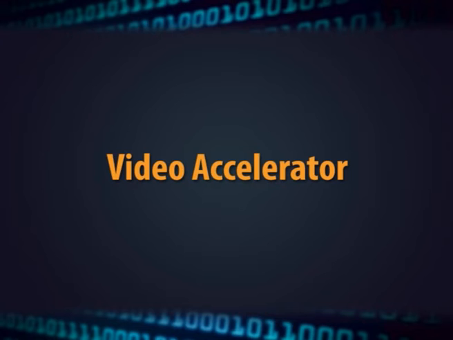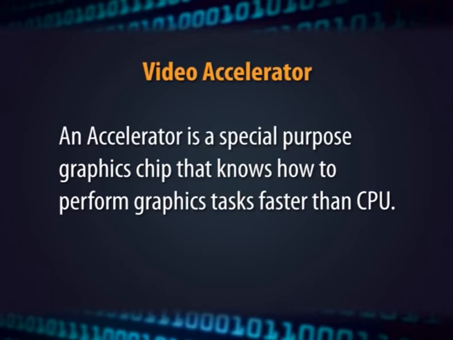3.1 Video accelerator. An accelerator is a special purpose graphics chip that knows how to perform graphics tasks faster than the CPU. First of all, the video memory or frame buffer is kept in main memory, where the CPU can write into it at a fast speed.